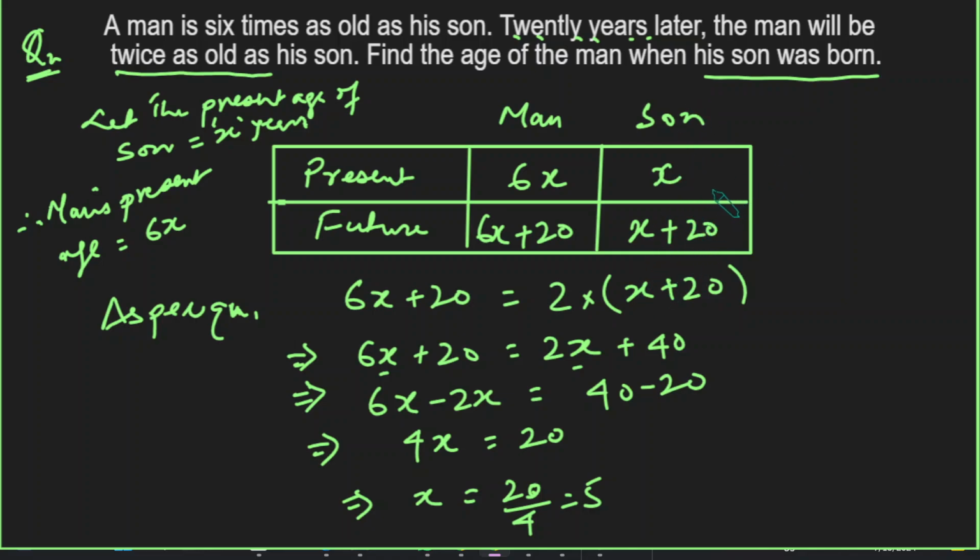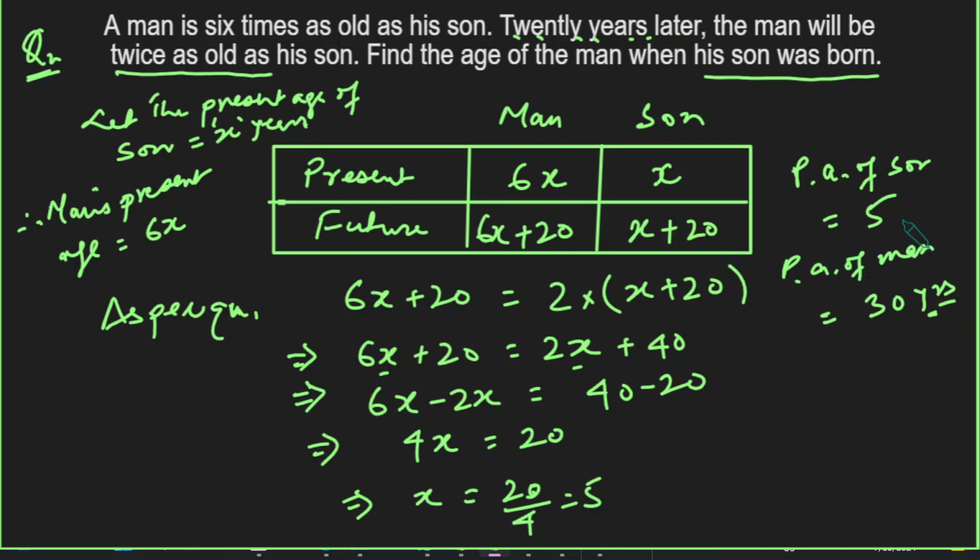The present age of the son is 5 years, so the present age of the man will be 6 into 5, that is 30 years. Clear? Now the question is, find the age of the man when his son was born.